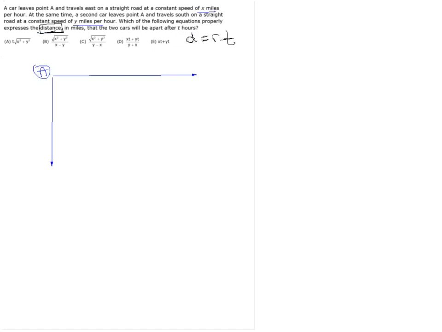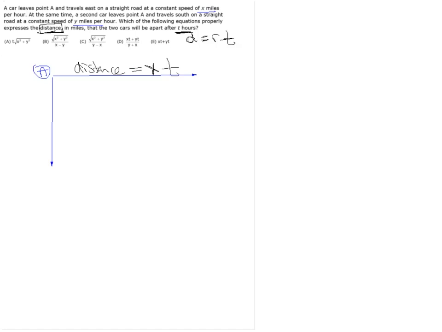So right away, the distance the car that travels east travels is equal to xt, because they're asking how far apart the cars will be after t hours. That was a critical little nugget I just gave you: in a word problem, everything is there, and what will be asked is exactly what's needed. There's no ambiguity going on.